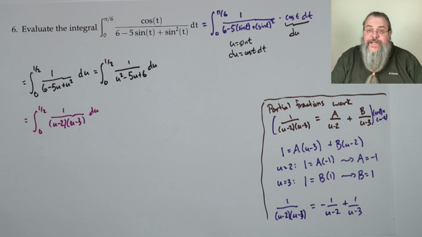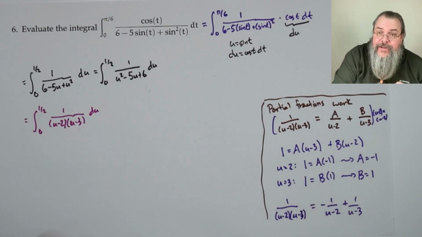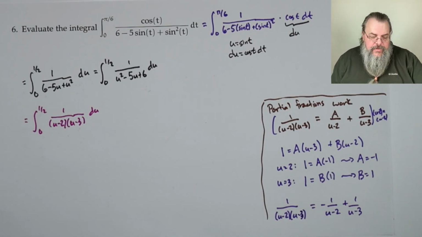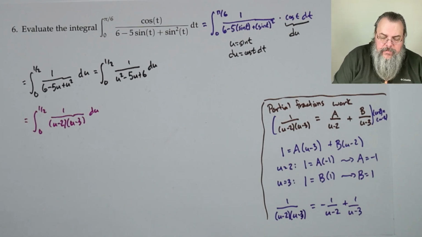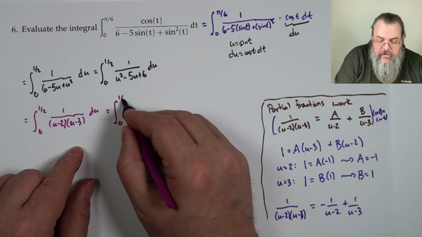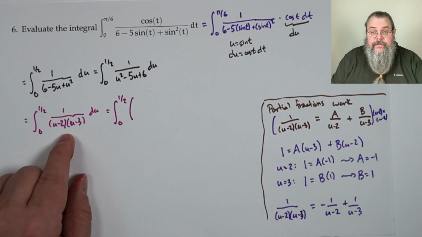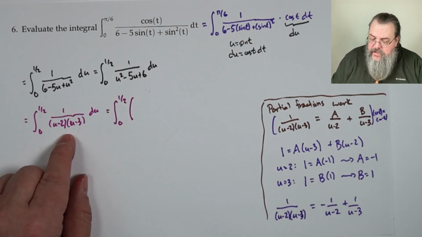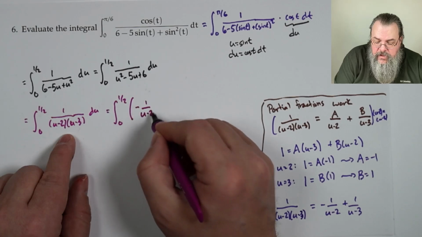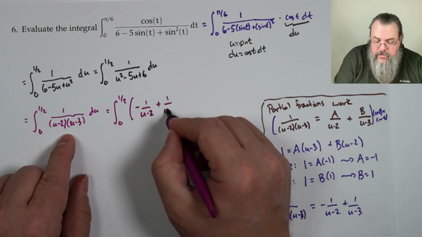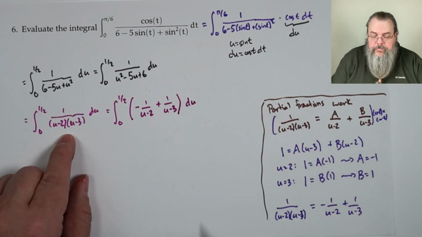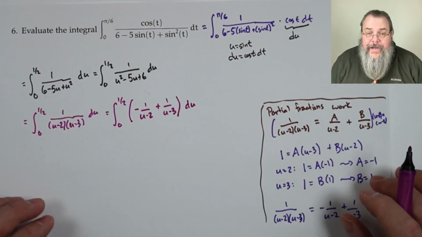And so we're just going to take this and put it into there. All right. So now we update our integral. Bounds stay the same because the only thing we've done is rewrite the function. So that's the integral of minus 1 over u minus 2 plus 1 over u minus 3 du. All right, good.